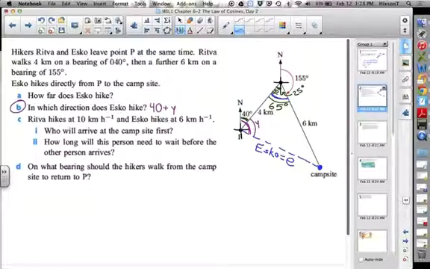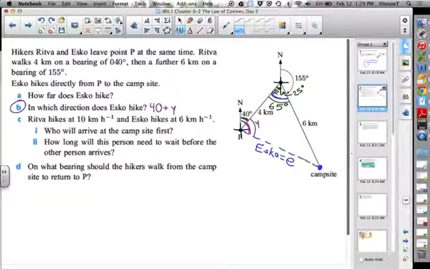Now, once you have that, basically you solve the whole triangle, and then C and D are basically applications of all the measurements you now know in the triangle. So for the remainder of the time, I want you to work in small groups to solve some of these.